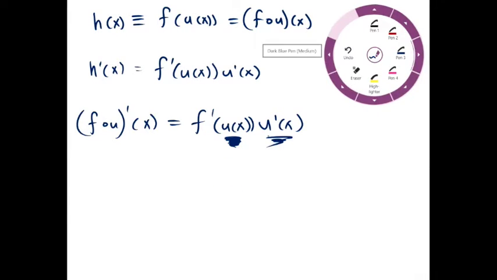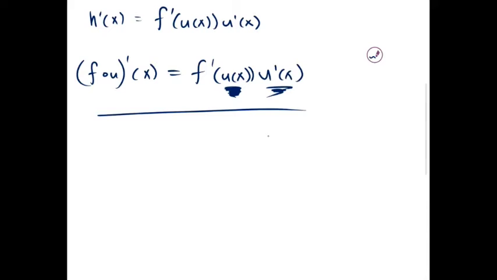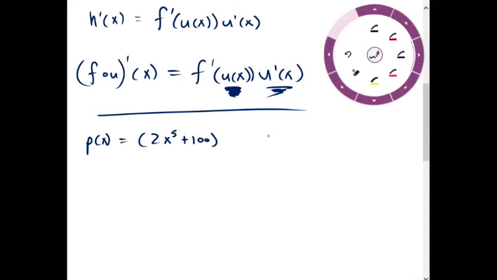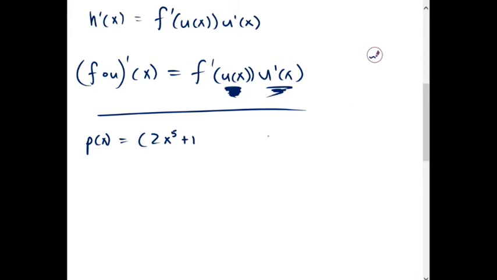So to answer our original question, we have p of x equals (2x to the fifth plus 1) to the 100th power.